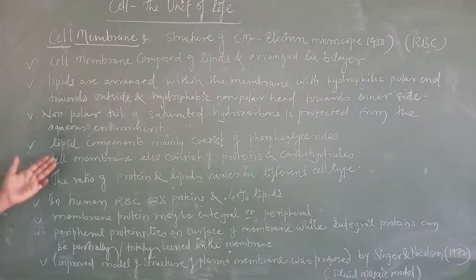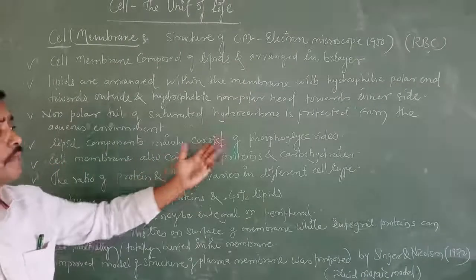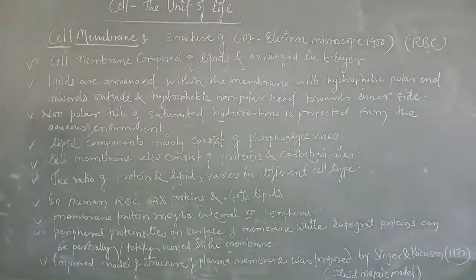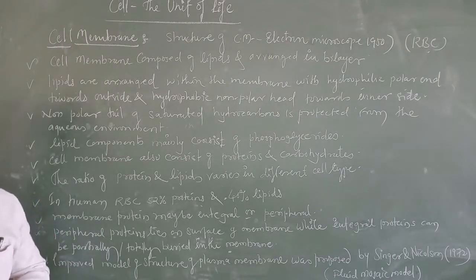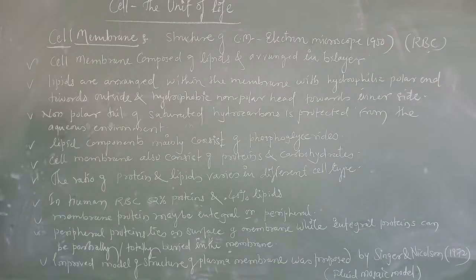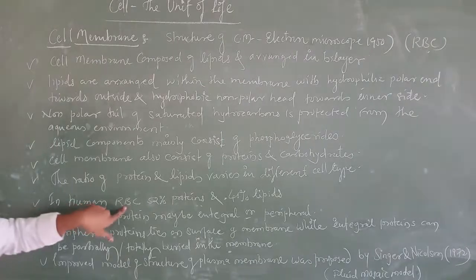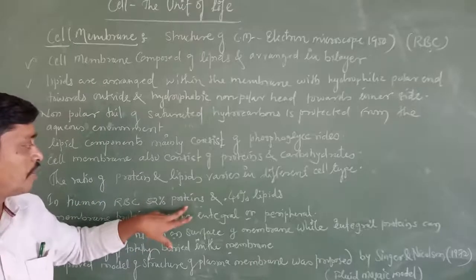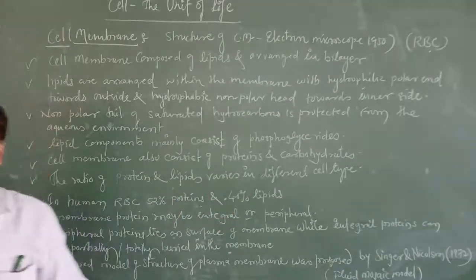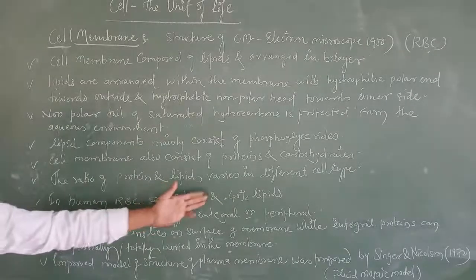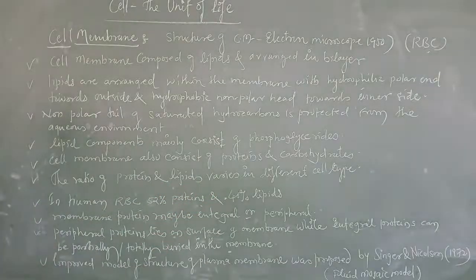The cell membrane also consists of proteins and carbohydrates. And the ratio of these proteins and lipids varies from one cell to another. In the sense, in human RBCs, you are going to find 52% of proteins and 40% of lipids.